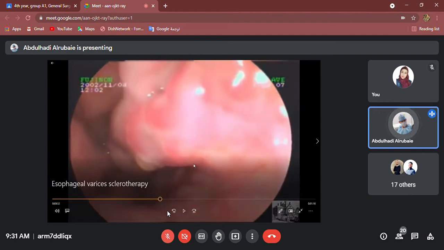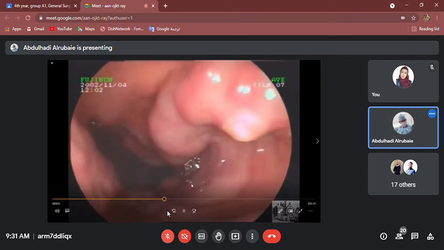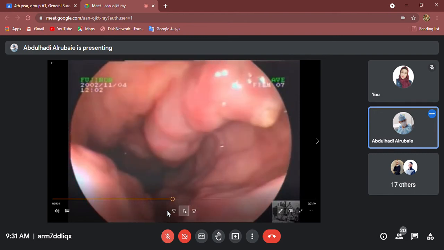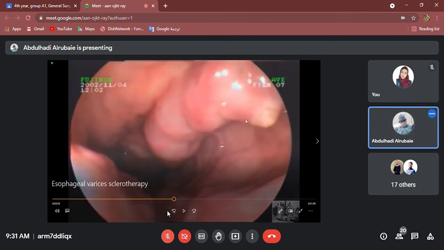Which begins around 30 centimeters from incisor teeth. These are red spots, which are stigmata، هذا تشوفوه هنا.